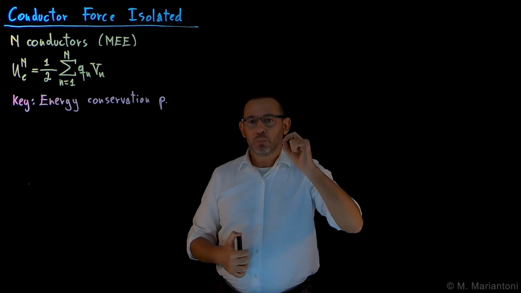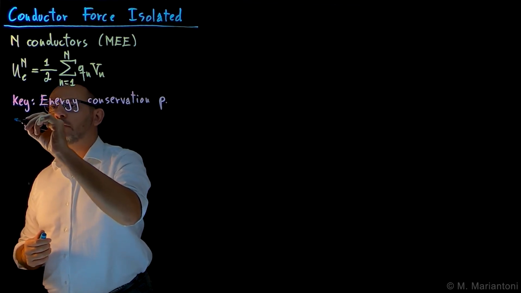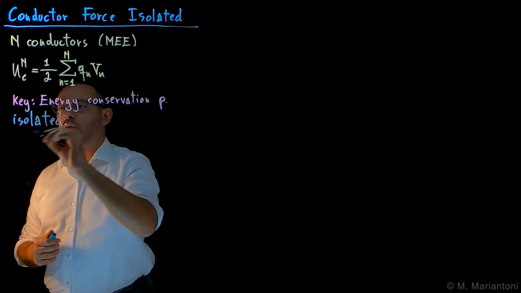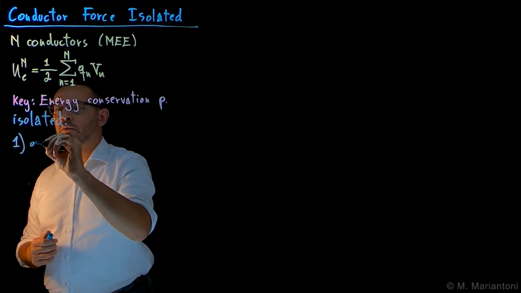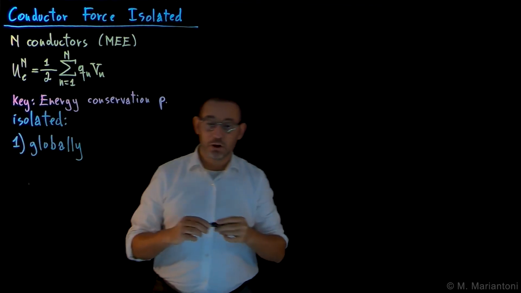We want the system to be isolated in two different ways. It has to be isolated first globally. What does it mean that it's isolated globally?